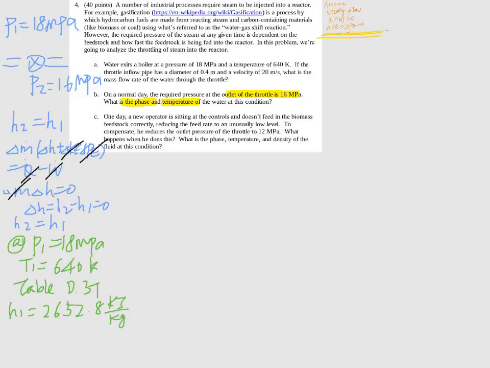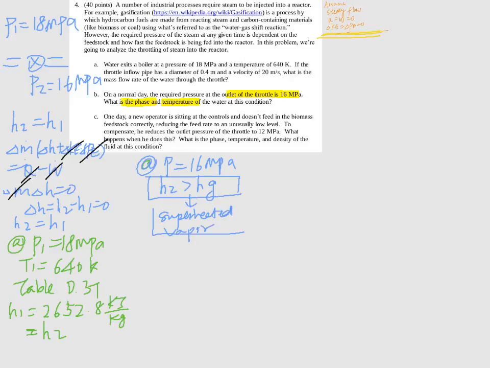And this is also H2, because H1 is equal to H2. So now if we compare this H2 with Hg at P equals 16 megapascal, our H2 is actually bigger than Hg. So this tells us it is a superheated vapor. Okay?